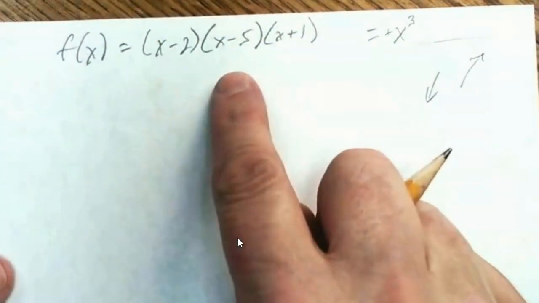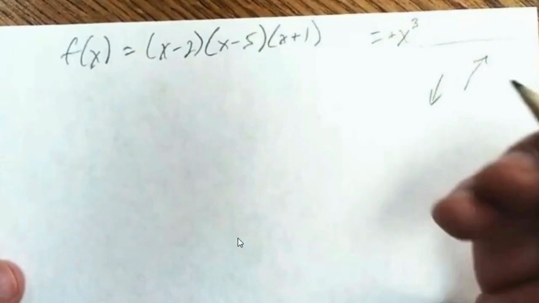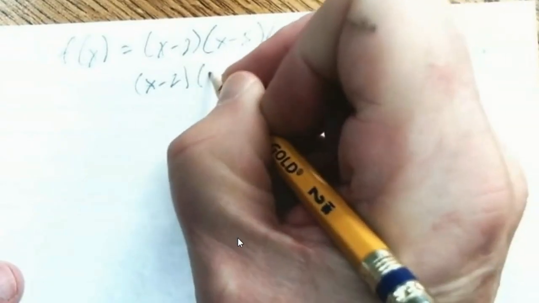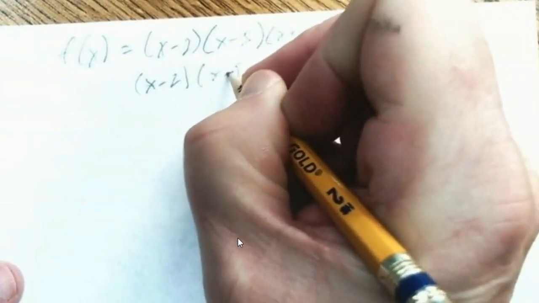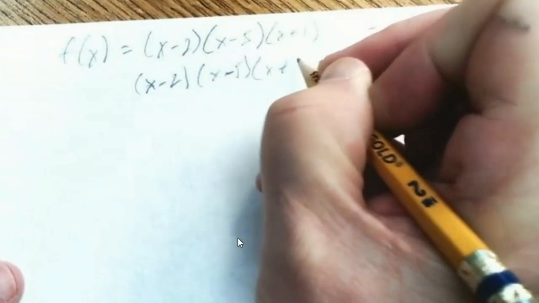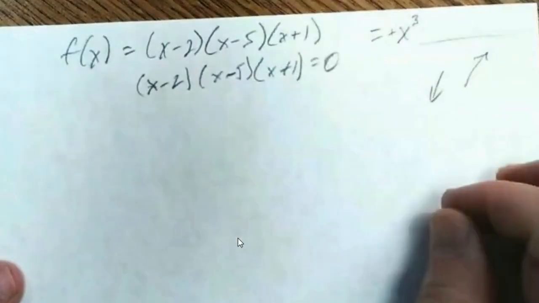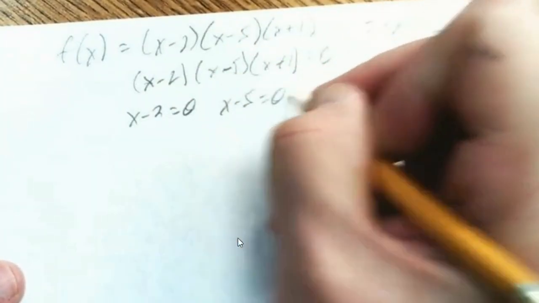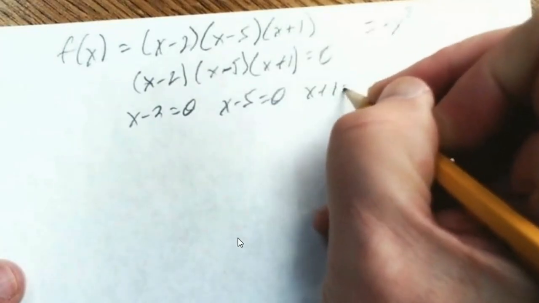But what are the 3 solutions? Remember, we find solutions by setting them equal to 0. So x minus 2 times x minus 5 times x plus 1 equals 0. So that means x minus 2 equals 0, or x minus 5 equals 0, or x plus 1 equals 0.